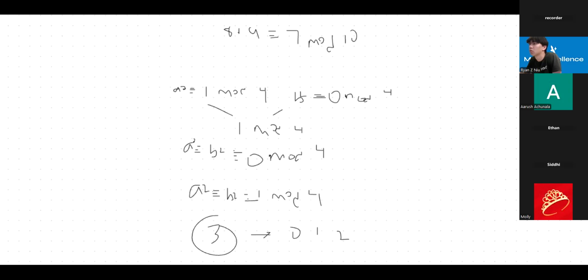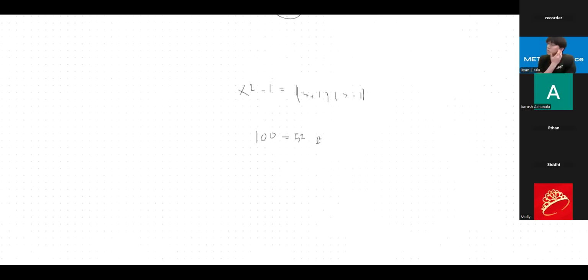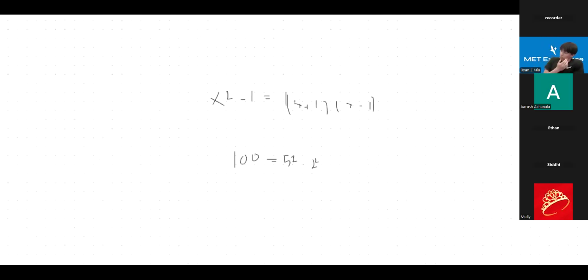Immediately you should notice that x plus 1 and x minus 1 must be both odd or both even. And if both of them are even, then they both have a factor of 2, so the product would immediately have a factor of 4 in it.